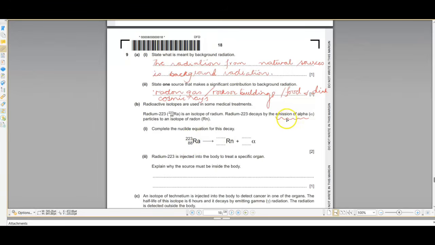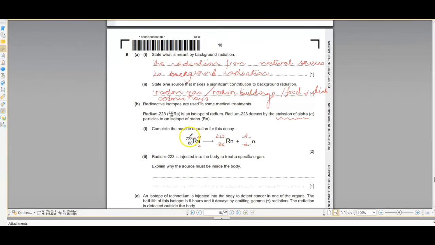Whenever there is an emission of an alpha particle, the nucleon number reduces by 4 and the proton number reduces by 2. So radon would be 223 minus 4, which gives 219, and 88 minus 2, which gives 86. And obviously over here we have 4 and 2. So that is how we do it.